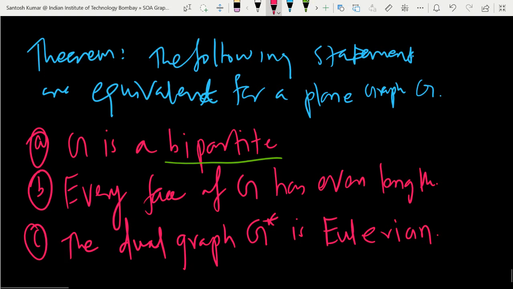So what is the meaning of the word Eulerian? A graph which contains an Eulerian circuit, correct? And what is an Eulerian circuit? It contains all the edges of the graph. Yes, it is a closed trail passing through all the edges of the graph. Correct.